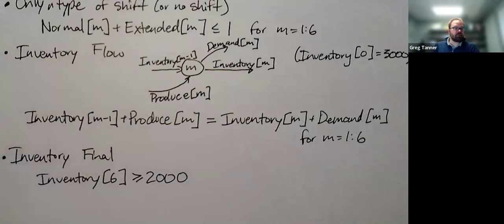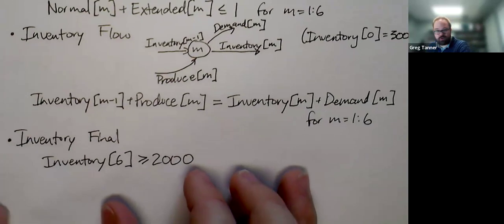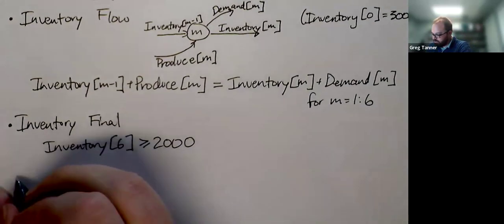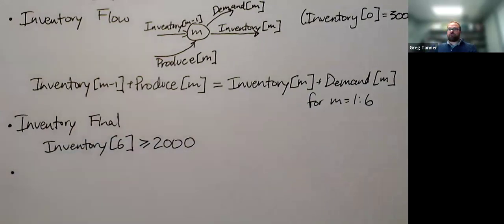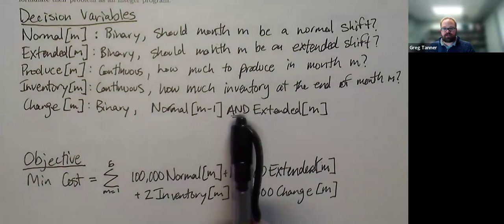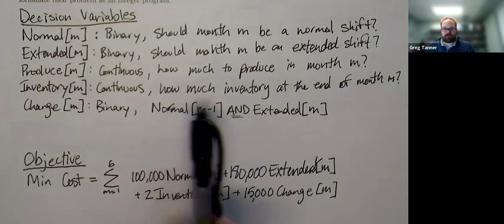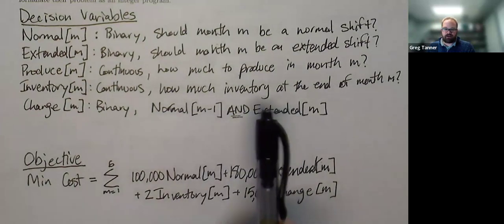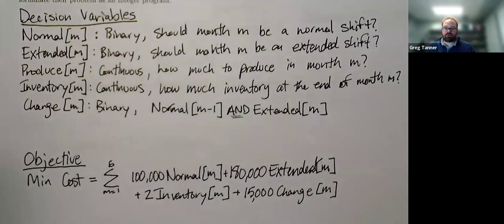In the tips and tricks video, I mentioned Boolean operations. Here's an example of where they come into play. If you were thinking of Boolean operations from a computer science or math perspective, these ands that we wrote here are usually represented as multiplication between this Boolean variable and this Boolean variable. If you think of them as 1s and 0s, it would work out exactly how we want. But we're doing linear programs here, even though we're dealing with binary variables now.